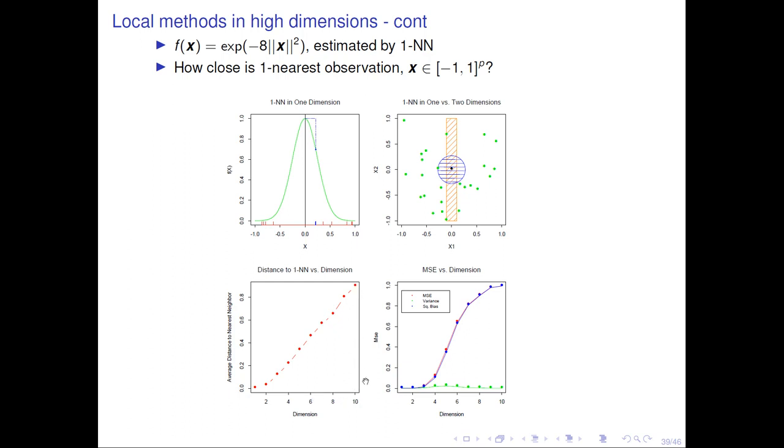And note that when p is equal to 10, it looks like we're taking a distance of approximately 1, but that would include all x's. So then we are not able to do this nearest neighbor, not including all the x's, the whole space. So that means that it's not very local anymore.